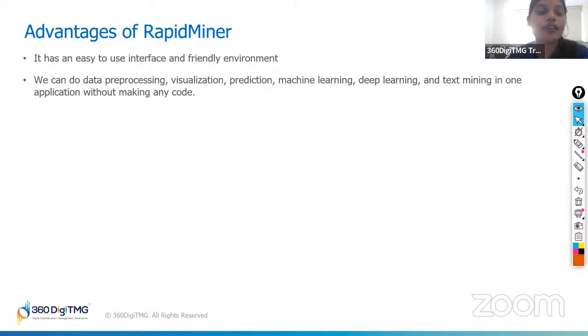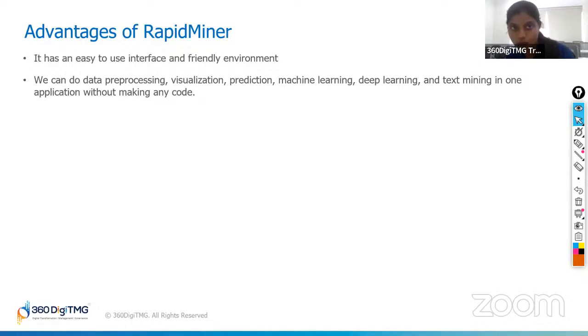And the second one, we can do data pre-processing, prediction, visualization, deep learning, text mining, and machine learning in one application without writing any code. The advantages of RapidMiner will be just like the advantages of a no-code development platform, because RapidMiner is also a no-code development software tool.